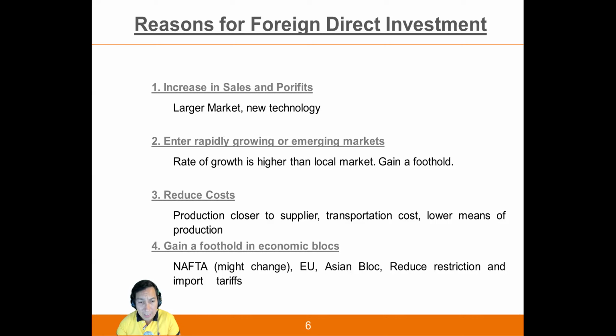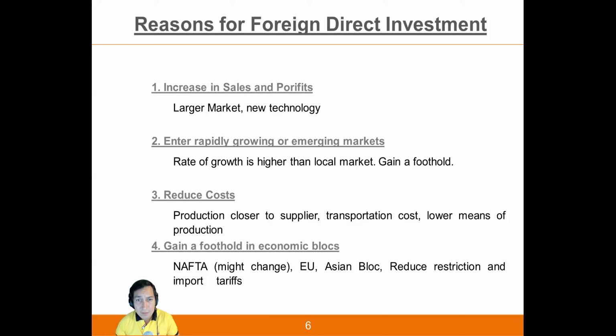So you want to gain a foothold because, generally speaking, the earlier you start something, the better the results in a business. Why? Because you're newly started, you have experience, people are coming to you, and generally speaking, you will have a foothold. Another reason to enter is to reduce costs.